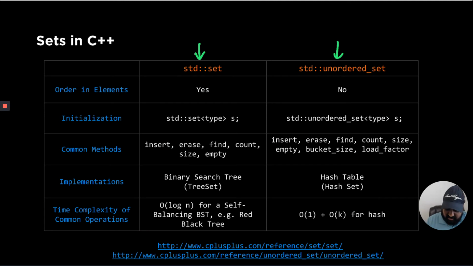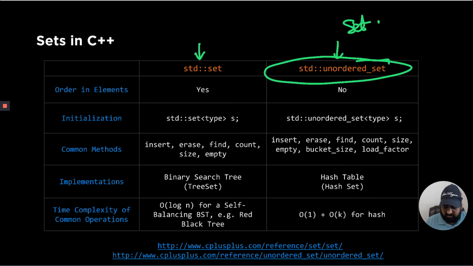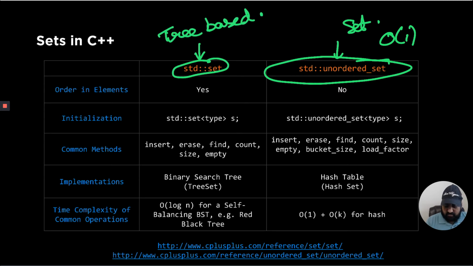Kind of like unordered set is the true set in C++ because it has O(1) time complexity for different operations, while std::set is actually a tree-based set, which is similar to what you have already seen. We have already covered trees, so you are implementing a tree behind the scenes.